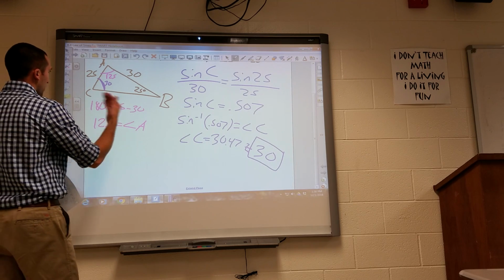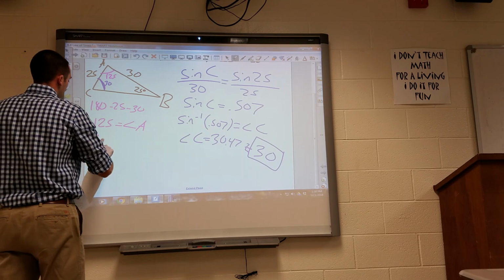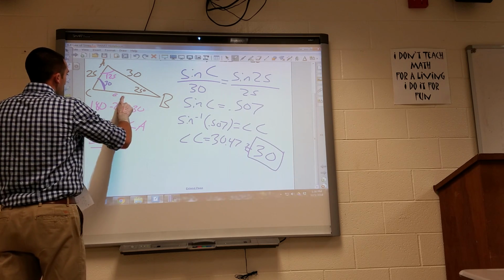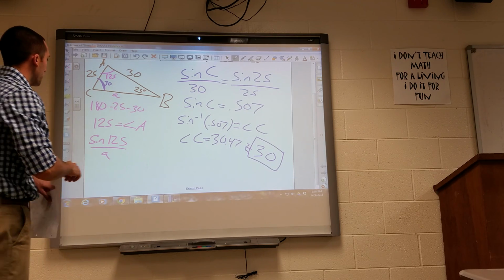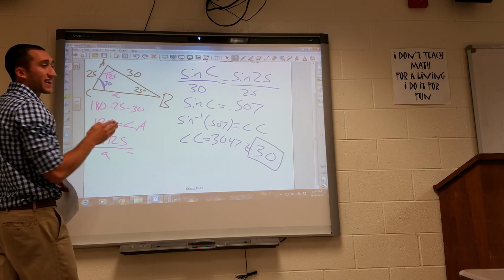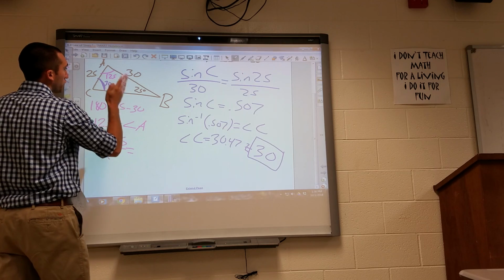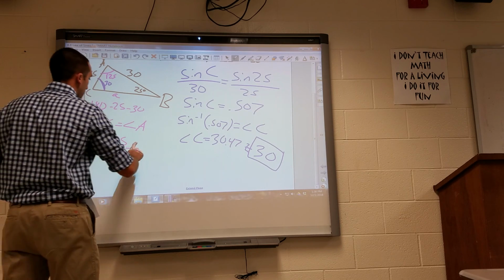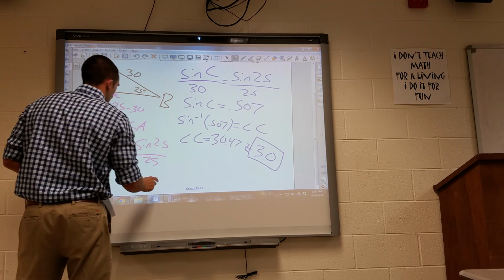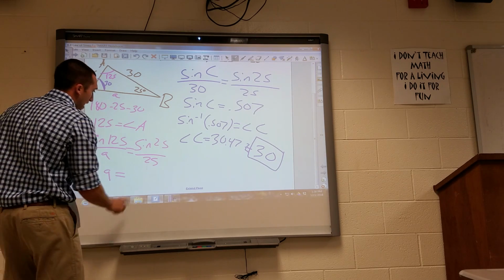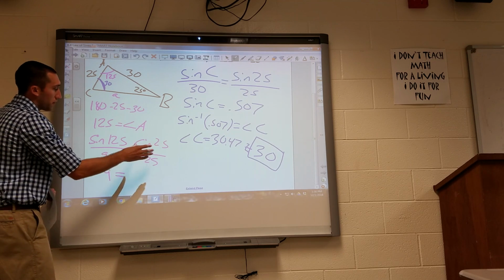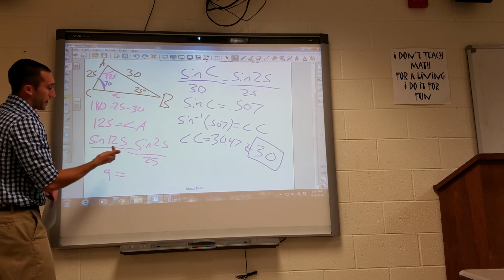So if I want to solve for side A, then I have to have sine of angle A, 125, divided by side A. I'm going to use the two values that I know are exact, so I'm going to go back and use sine B over side B. I get a value after I do sine 25 divided by 25, and then I do sine 125 divided by that value.